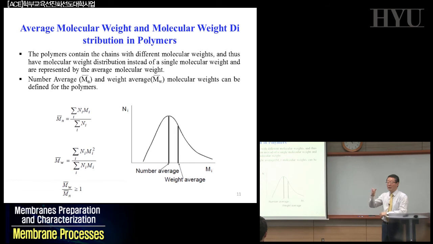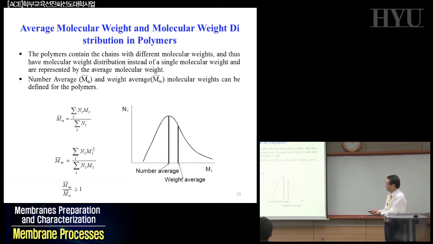In other words, you cannot spin the hollow fiber from a polymer with low molecular weight components. You cannot make the flat film, okay, from a polymer with low molecular weight components. So there should be a certain molecular weight criterion. That's why we have to think about the molecular weight.